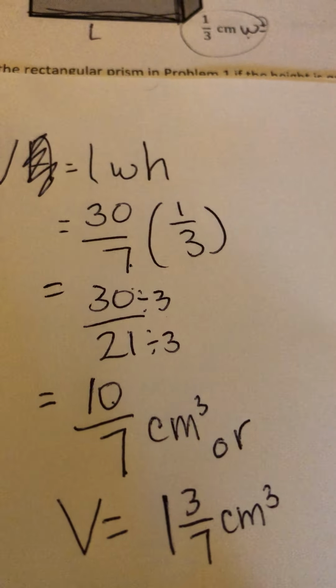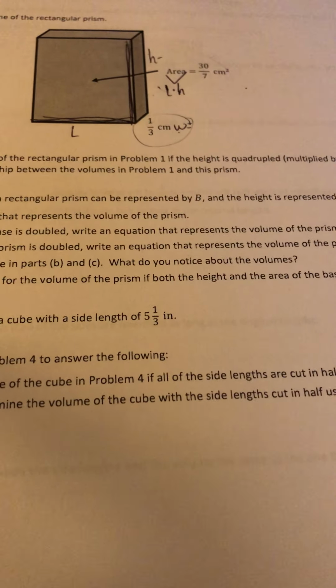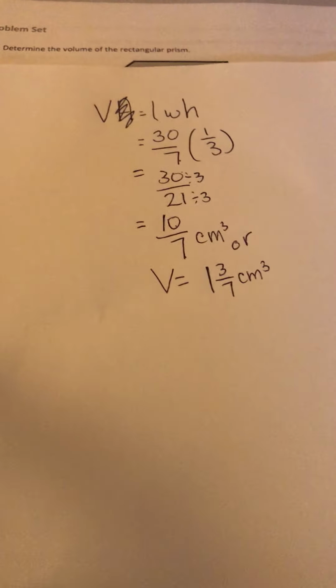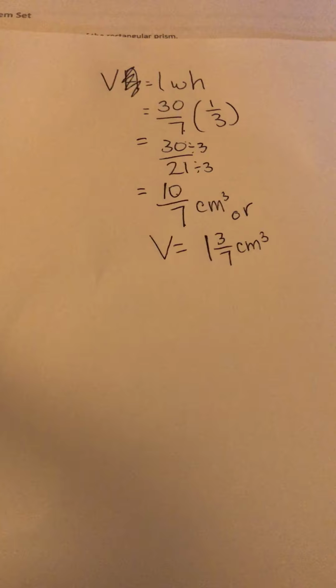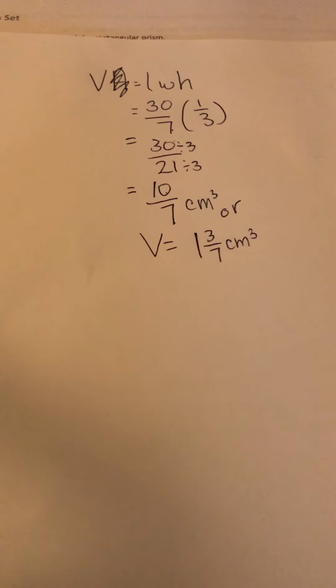Number 2, it wants us to determine the volume of the rectangular prism in problem 1 if the height is quadrupled, multiplied by 4. Then determine the relationship between the volumes in problem 1 and this prism. So if the height was quadrupled, then the whole volume would be quadrupled.